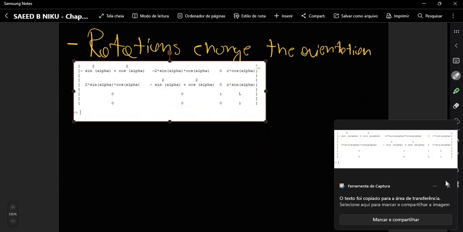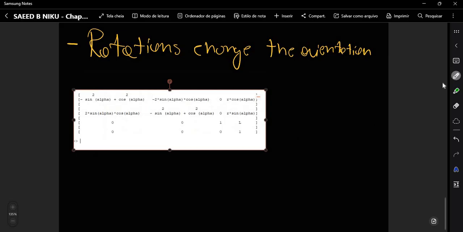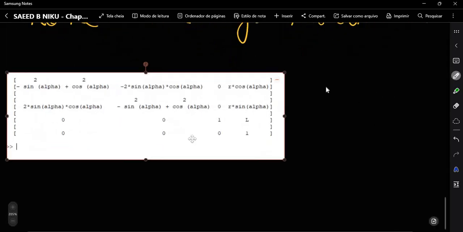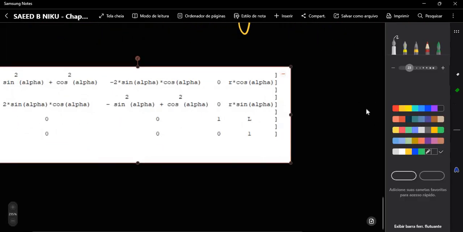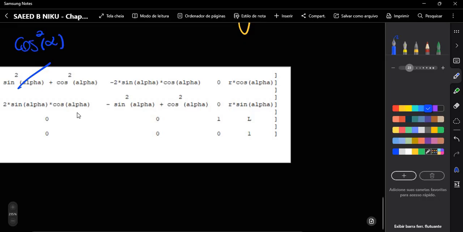Let's use trigonometric identities. Right here, this one, cosine square of alpha minus sine square of alpha is equal to 1.